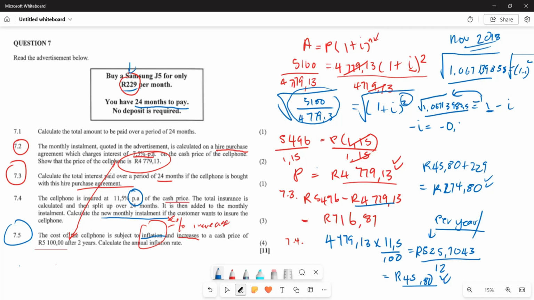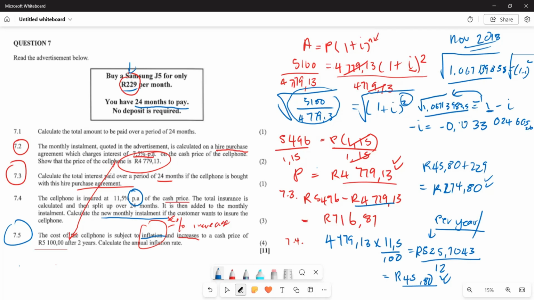Remember the 1, and you are subtracting it outside the root.